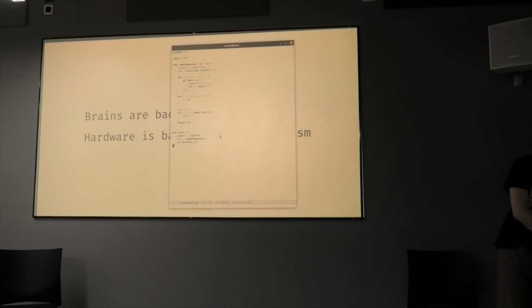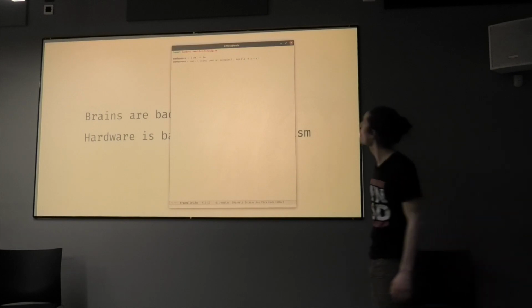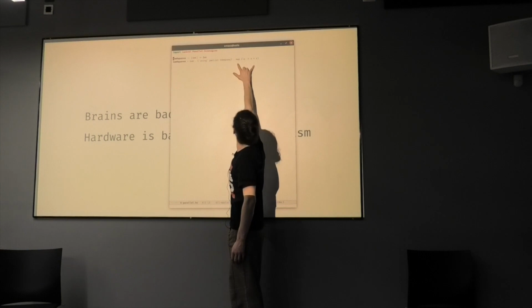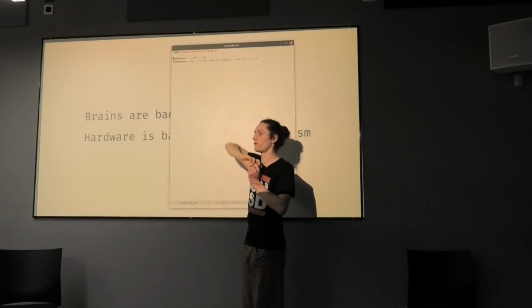In comparison, the exact same thing done in Haskell. All we're doing here is we've got this map function. That's just going to run a function across a whole list.